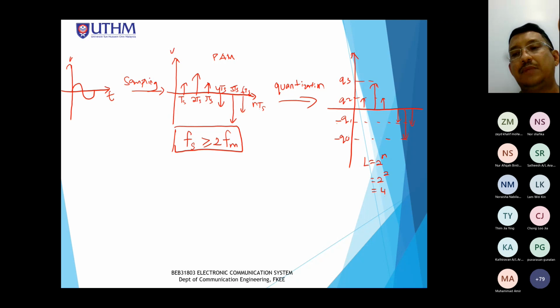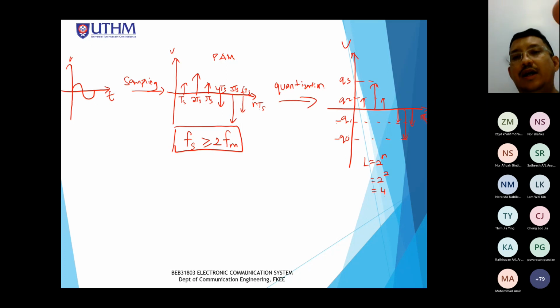This is from my example, and you see that this quantization is still in the form of voltage versus time, which is not digital yet. We are still in the form of analog. So I still have quantized voltage.